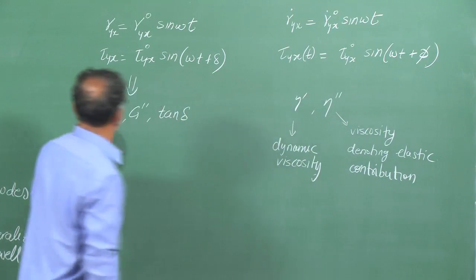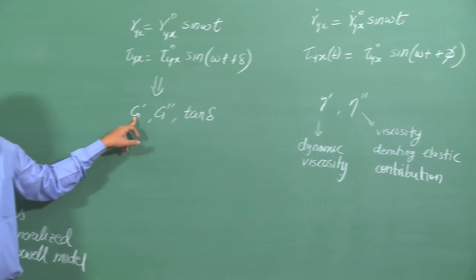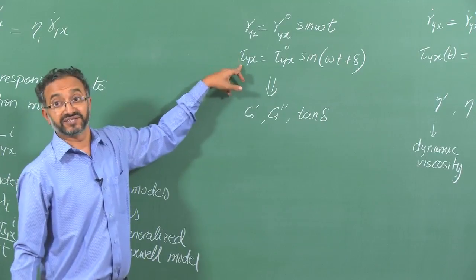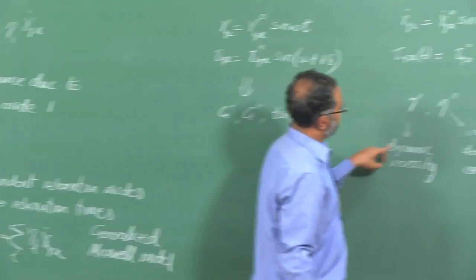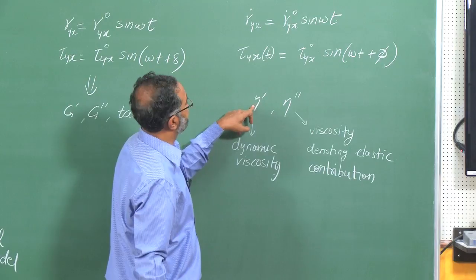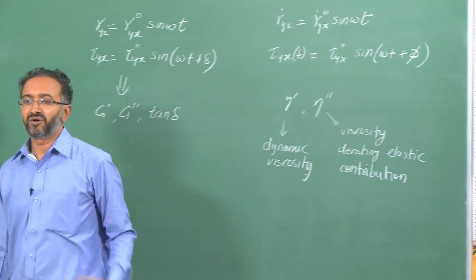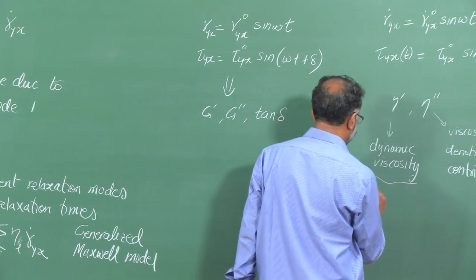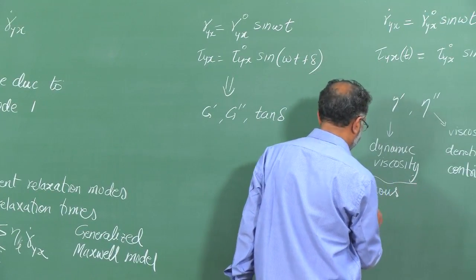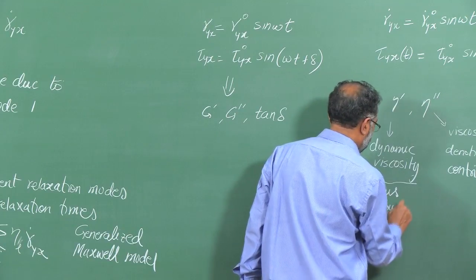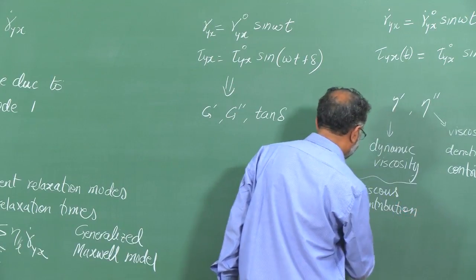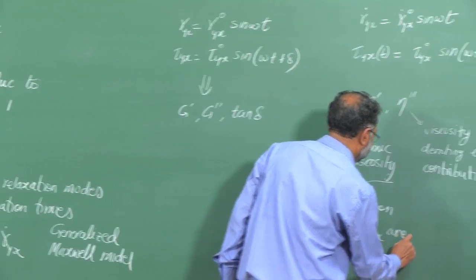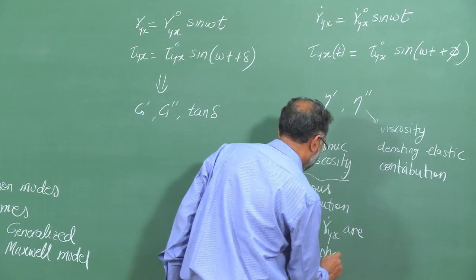So, just the way here we had the storage modulus which denotes elastic, and storage modulus was where stress and strain were in phase. Now, we have the dynamic viscosity, and dynamic viscosity denotes the viscous contribution of the material, where stress and strain rate are in phase.